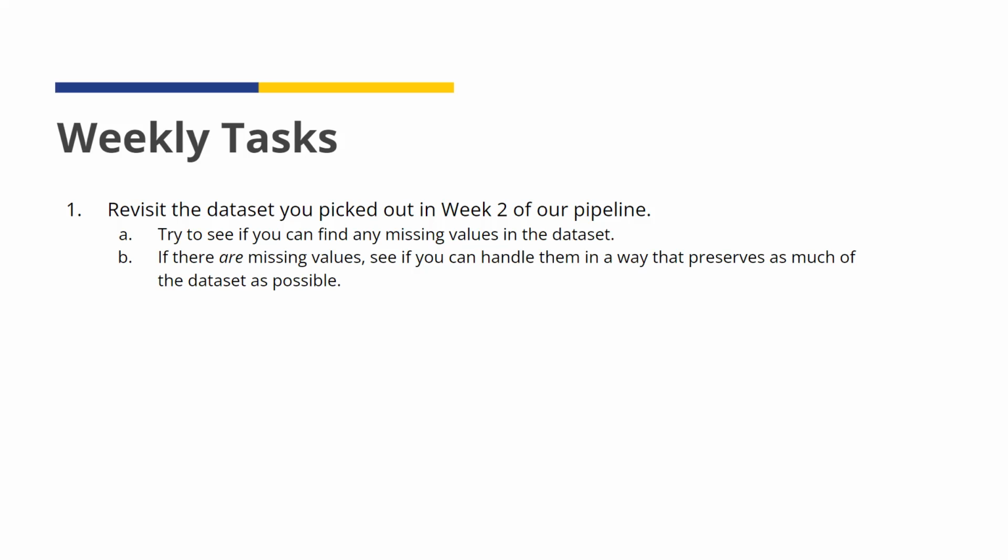Take a basic data set that you've found in the past and try to see, using the methods that I went over today, if you can find any missing values. And if there are missing values, see if you can handle them in a way that preserves as much of the data set as possible. Like with our Titanic data set, we were able to preserve almost all of the entries except for 2. That's the thing we want to go for. I encourage you to practice this as well, because it really is a first step if you are looking to get involved in a project in the near future.